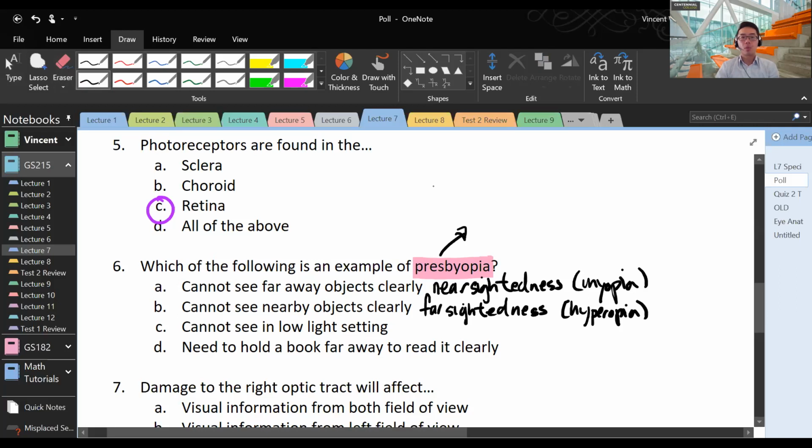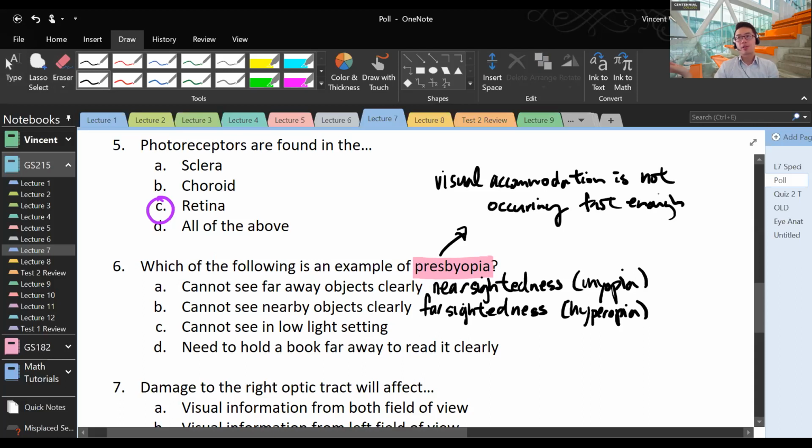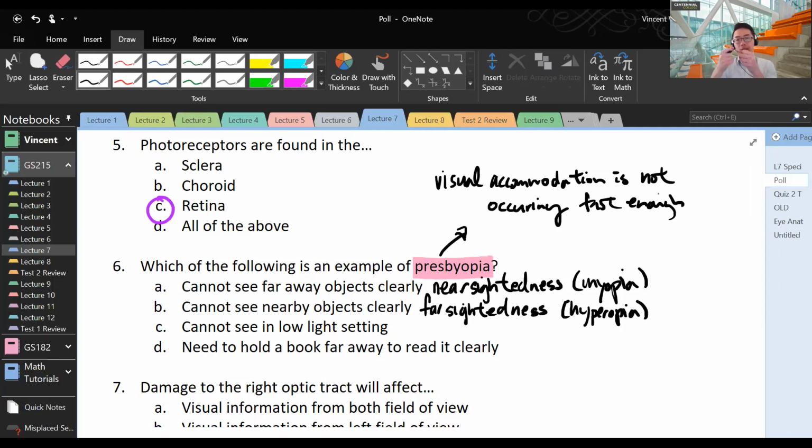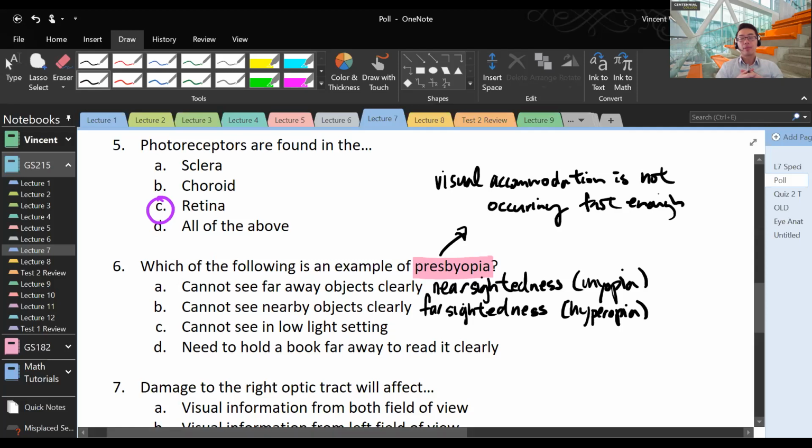Presbyopia happens when visual accommodation is not occurring fast enough. Those suspensory ligaments are like elastic bands, right? As you get older and older, the elasticity in those ligaments starts to decrease, and they are not as responsive as before.